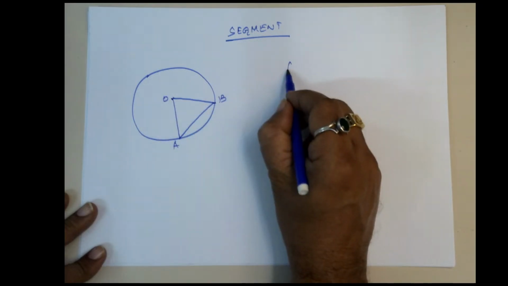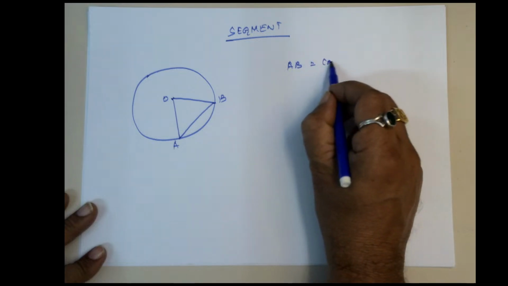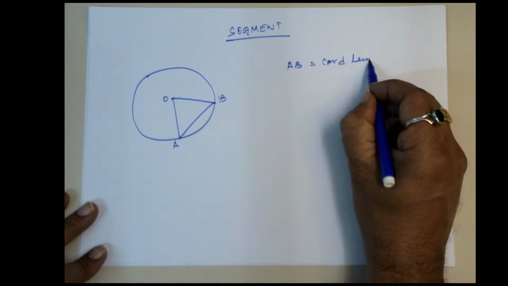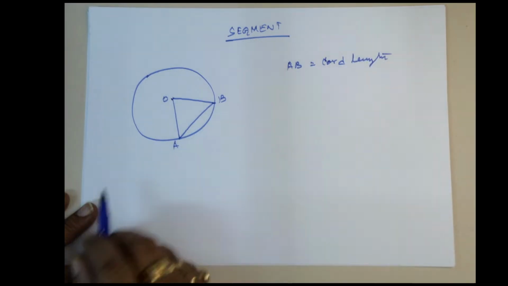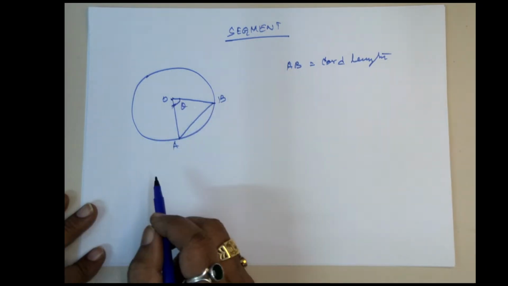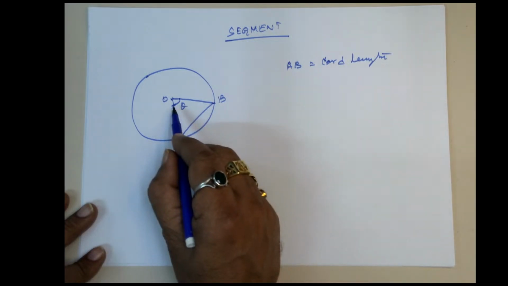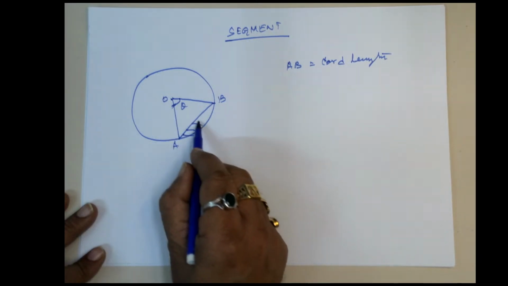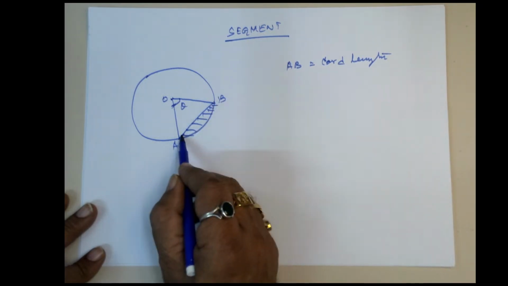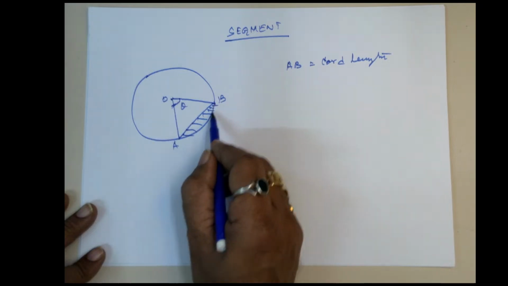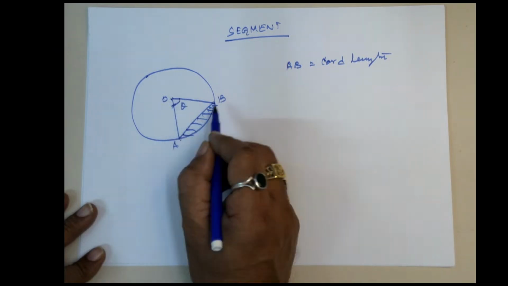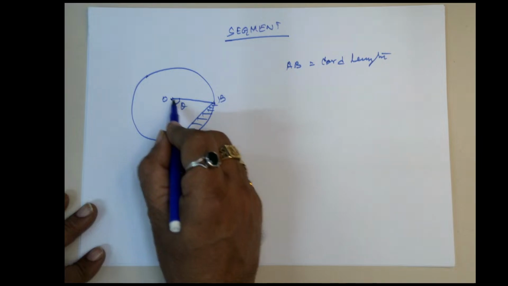So AB is called the chord length, and this is theta. The area of the segment means this region, the area between the chord of a sector and its arc. So you have to find the sector area minus this triangle area.